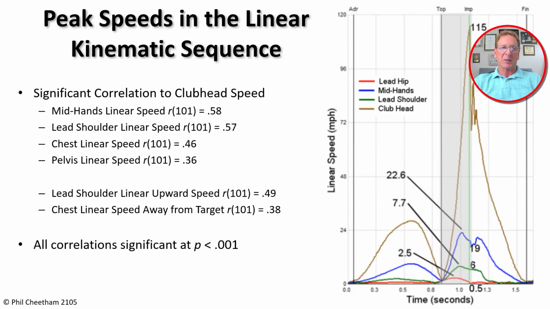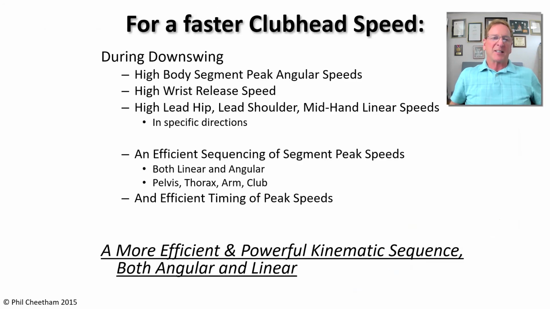So let's just summarize. For a faster club head speed during the downswing: high body segment peak angular speeds, high wrist release speed, high linear speeds, lead hip, lead shoulder, mid hands. And a couple of those are very specific in the directions that they have to be moving, such as the lead shoulder moving up very rapidly.